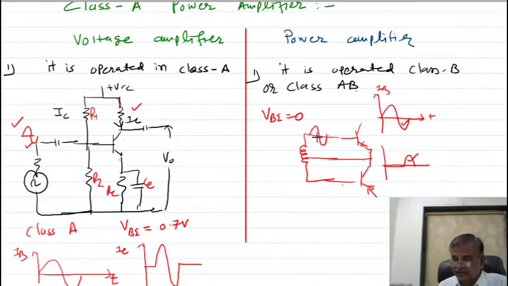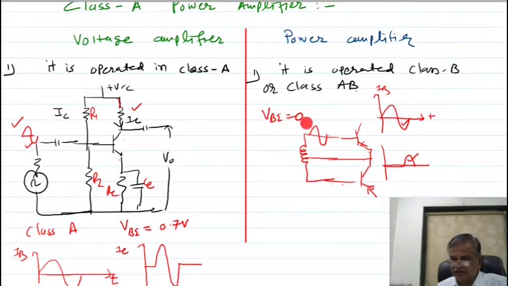So if the collector current flows only for one half of the AC input cycle, then the operation of the transistor amplifier circuit is class B operation.